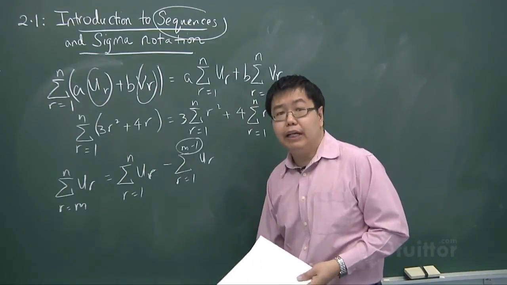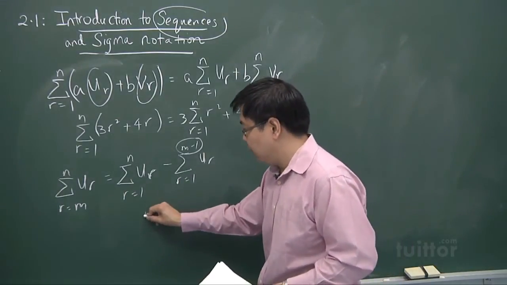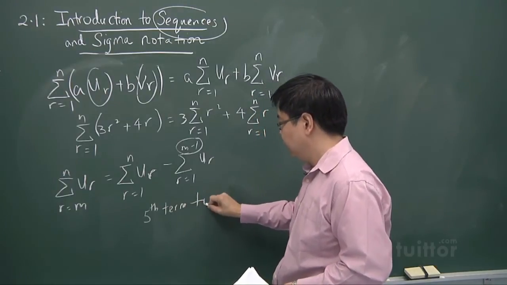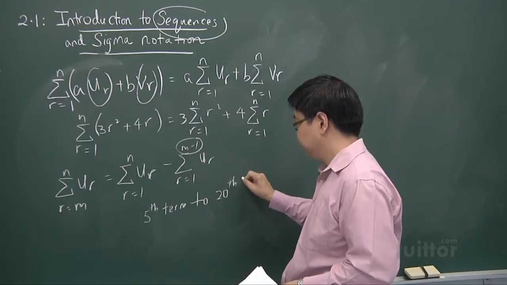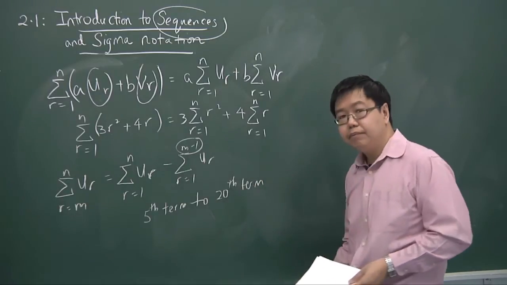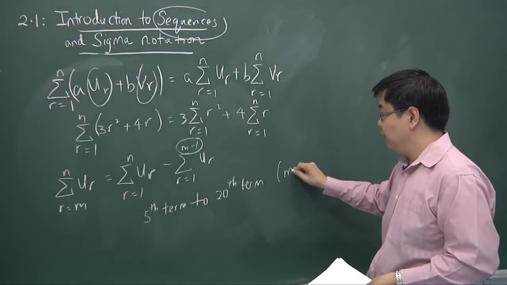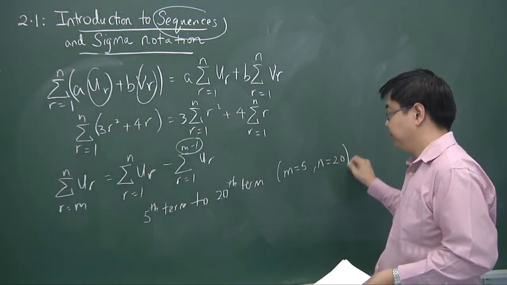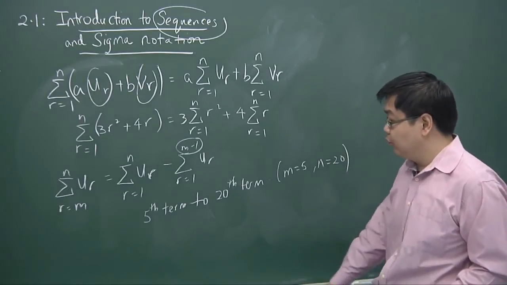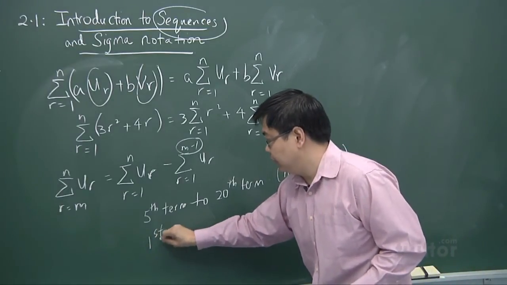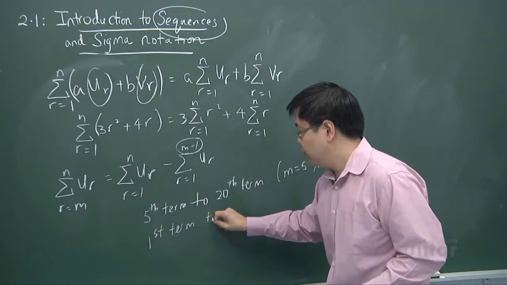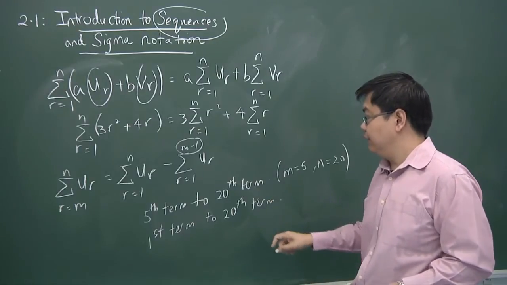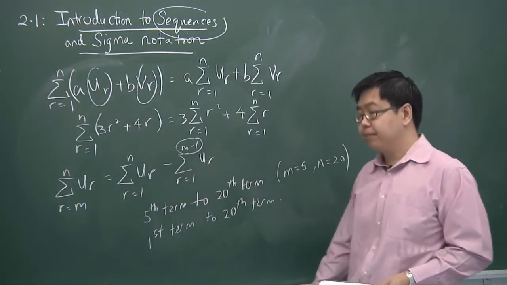Let's take a numerical example to illustrate. Suppose I want to sum up from the fifth term to the 20th term. That means m equals 5, that's the starting value, and n equals 20. Now we can choose instead to sum up from the first term to the 20th term, that means from 1 to 20.